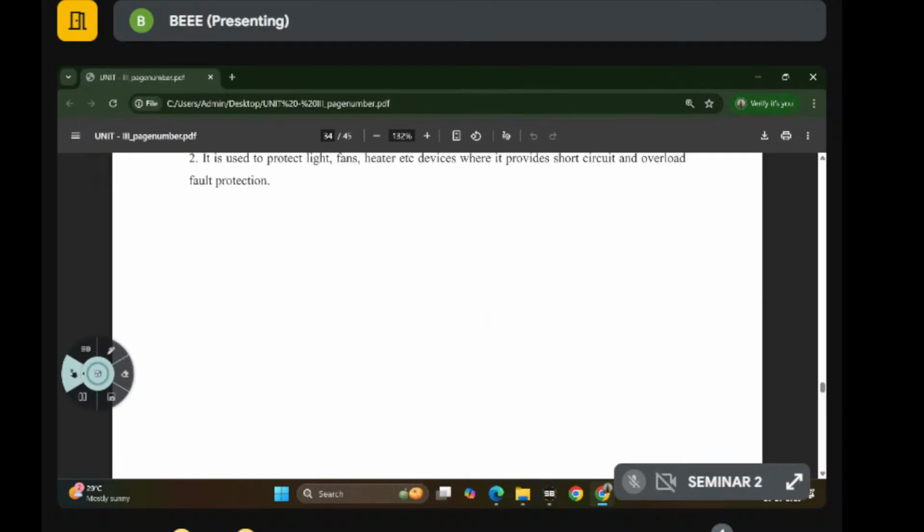Less than 1 amp, nothing fatal will happen. You may get paralyzed, a small effect. But 1 amp and more than 1 amp, there is a cause of death.